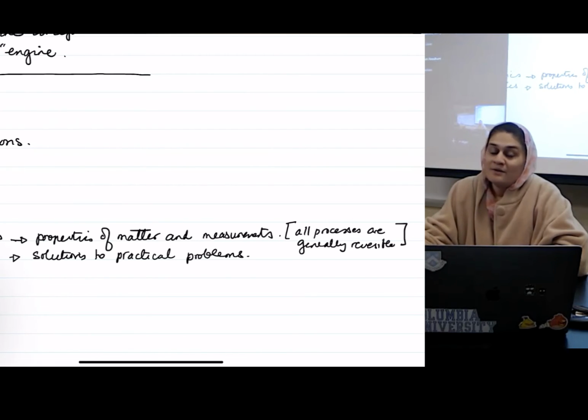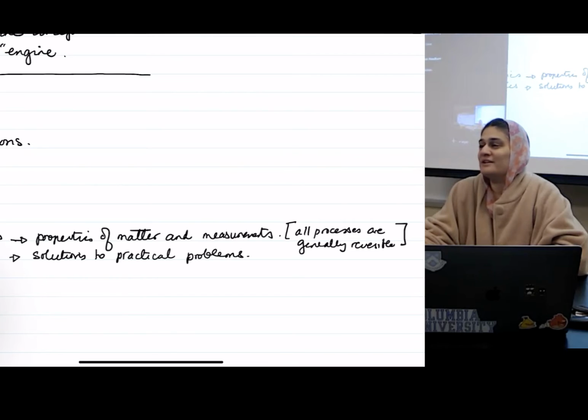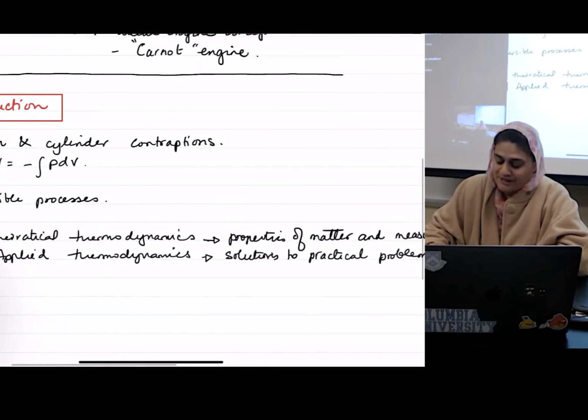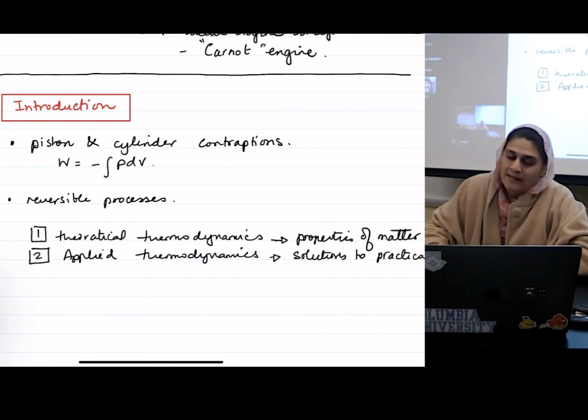So in theoretical thermodynamics, everything is ideal. There's no friction, there's no drag, there's absolutely perfect conditions, which, as we know, do not exist, right? And applied is actually practical. So we, in this class, will be dealing with the theoretical.